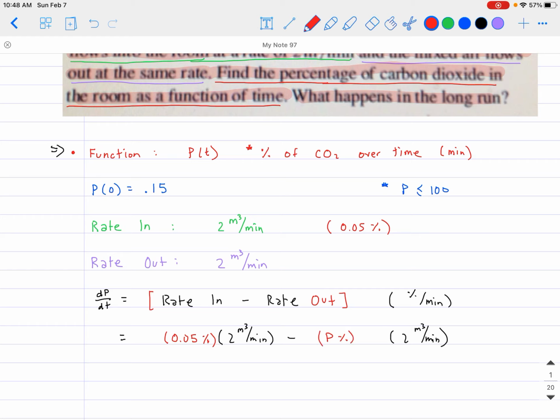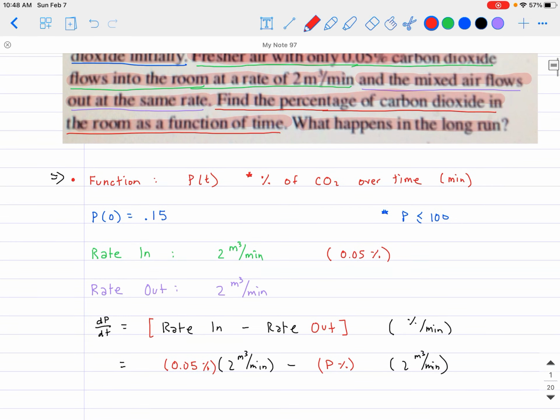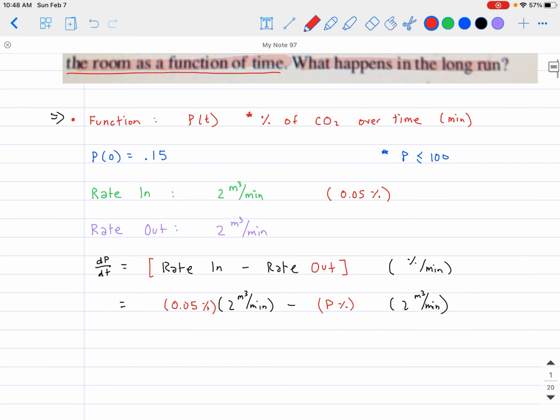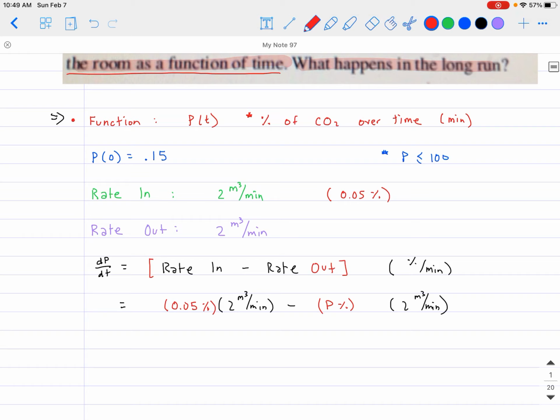Now, keep in mind that I need to make the units into terms of percentage over minute, and I need to get rid of those cubic meters. And that's where the hidden part comes in, because this is where the initial part where it says that you have 180 cubic meters comes in. That acts as kind of like your density that allows you to put all this together.